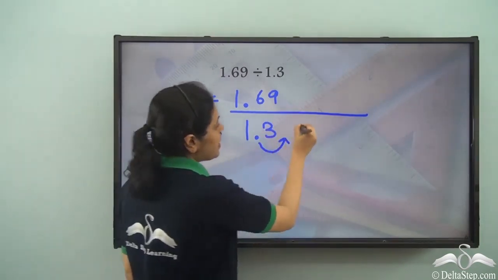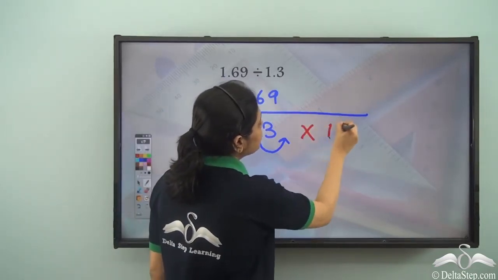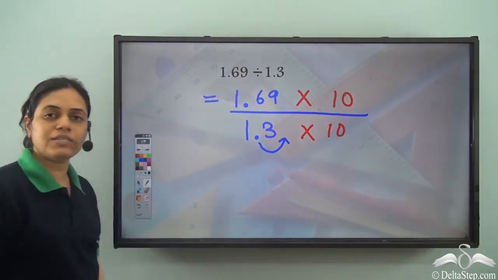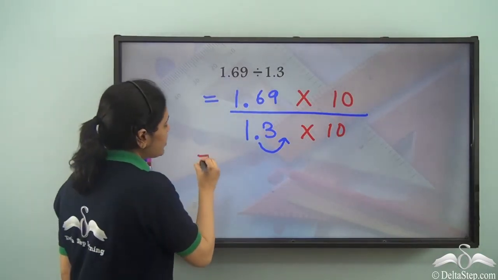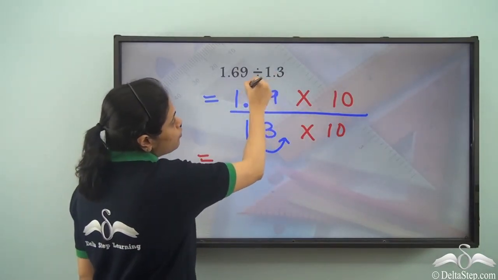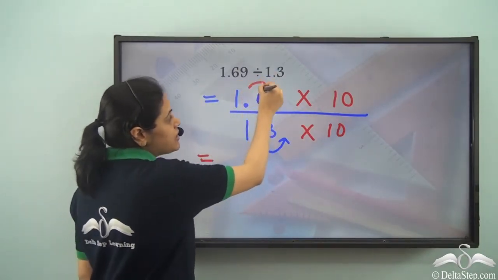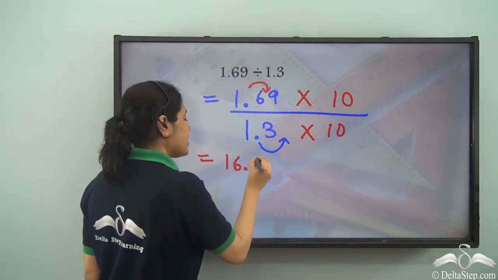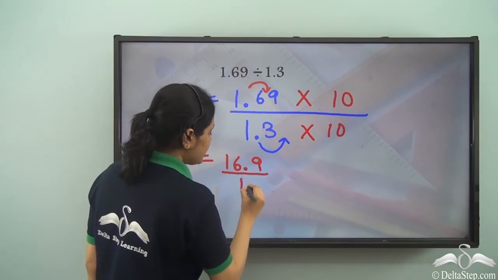So I multiply by 10. I multiply both the numerator and denominator. Now 1.69 into 10. So this decimal point will move to the right by 1 place. So this will become 16.9 divided by 13.